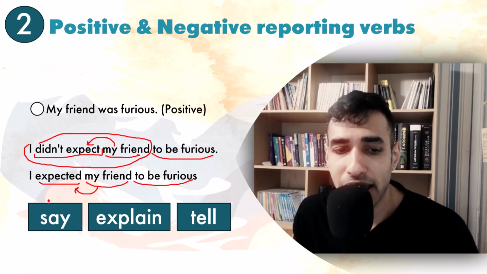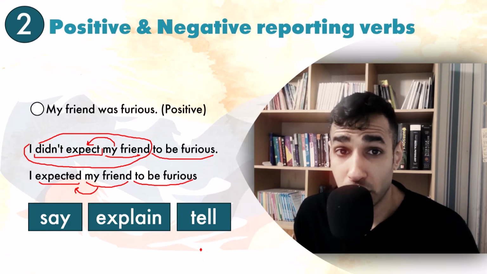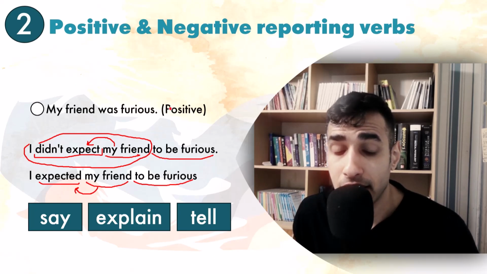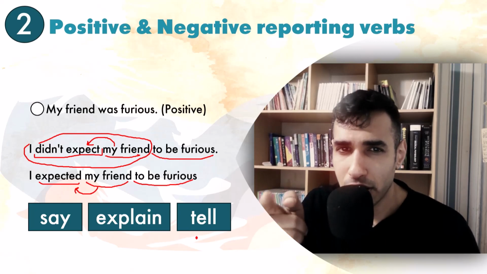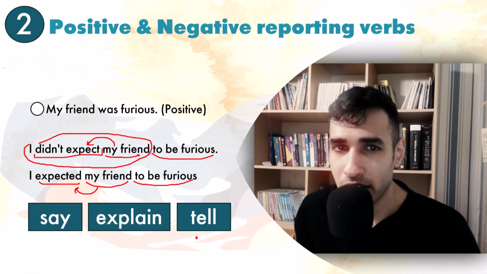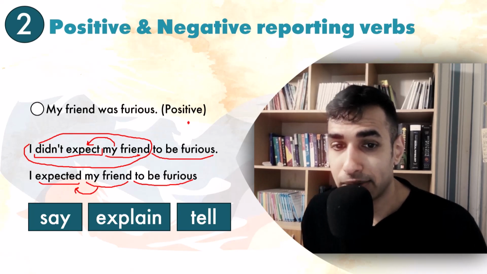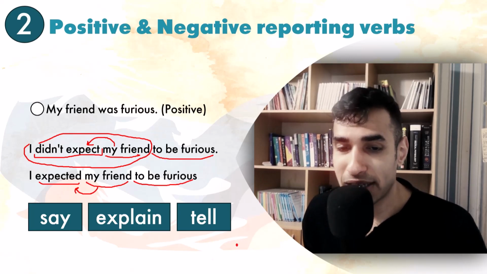I explained that my friend has been furious. The statement is positive and we have no challenge here. And with tell, I want you to report this positive statement with the reporting verb tell. You do it.